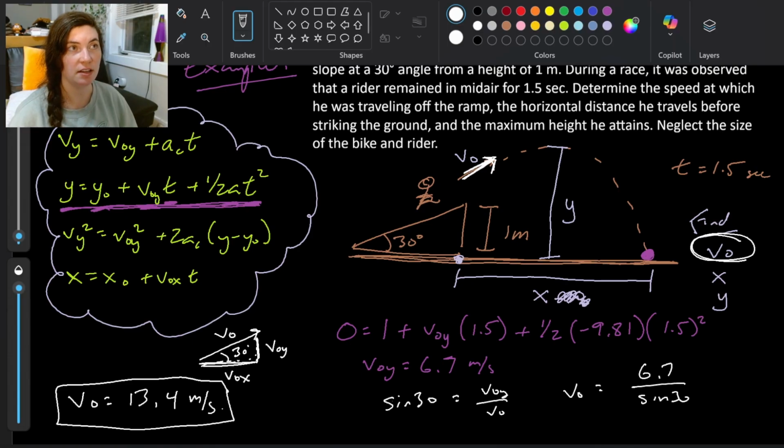So with that known, I can go ahead and start looking for this x value. Because if I look at my x equation and this triangle relationship, I can find what V naught x is. I know my t for the whole thing, and that will give me my range.